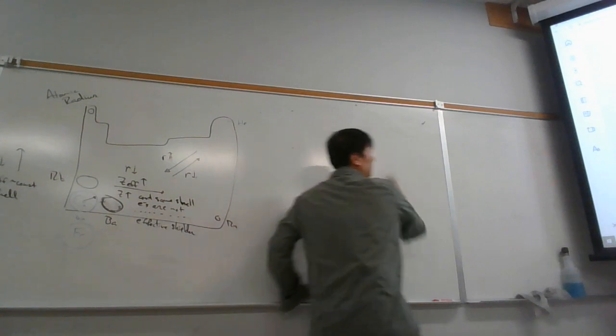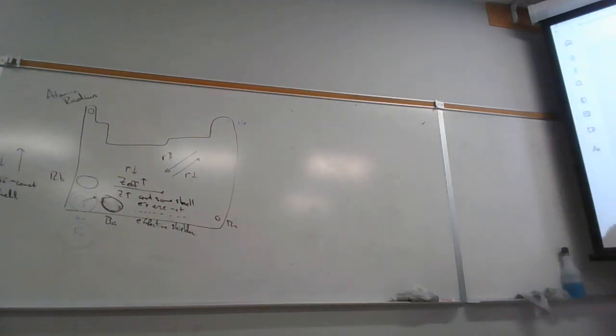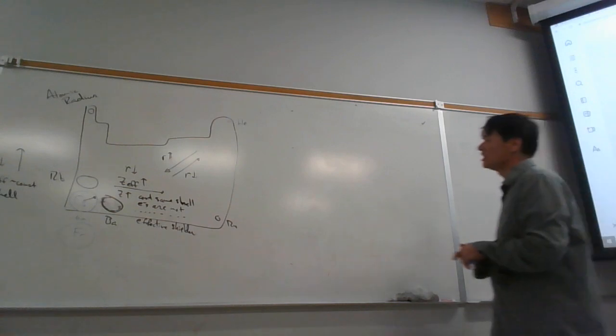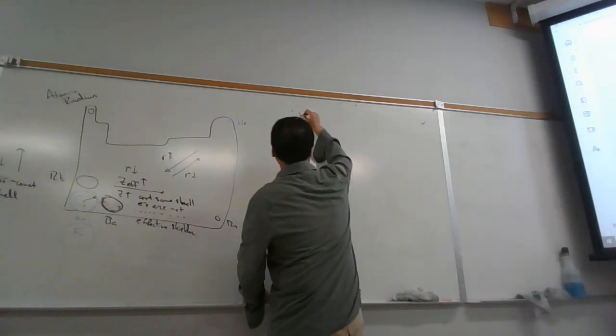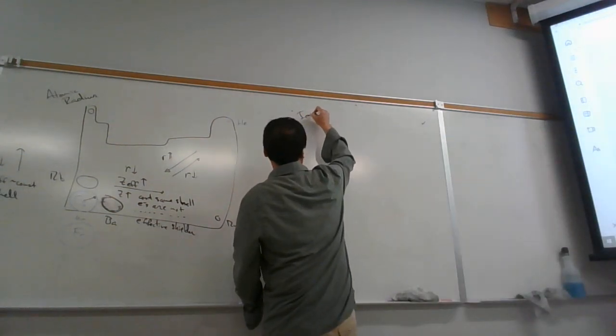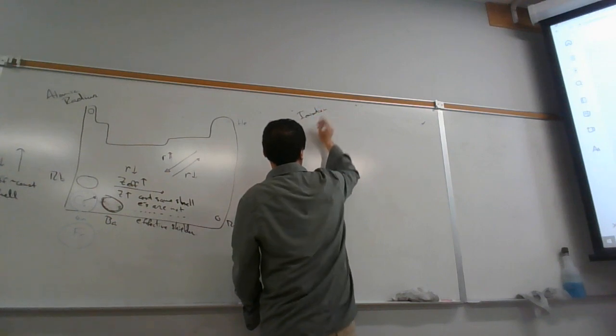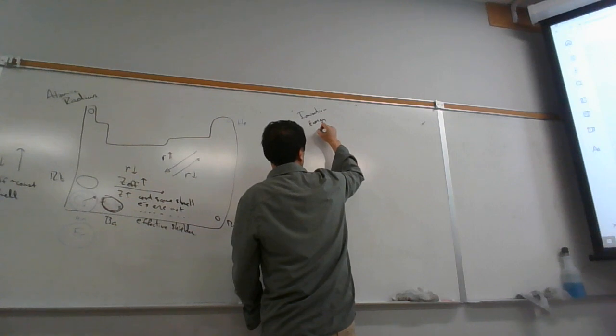All right, the next thing we're going to take a look at is ionization energy. Ionization energy follows a periodic pattern or trend. I'm going to abbreviate ionization energy IE.